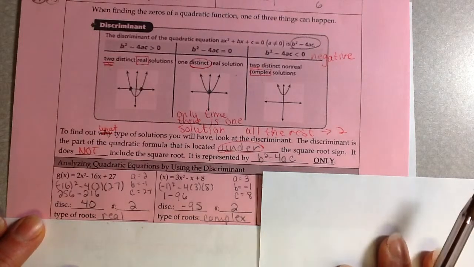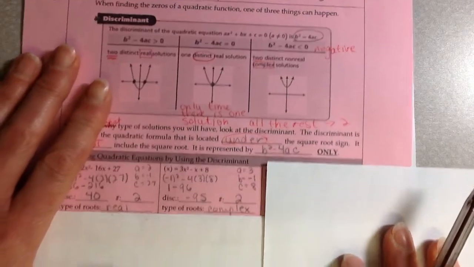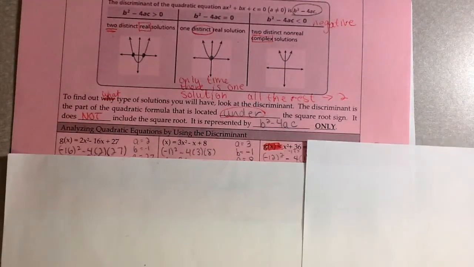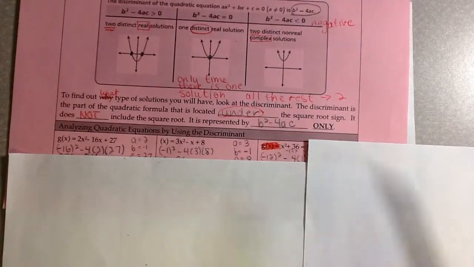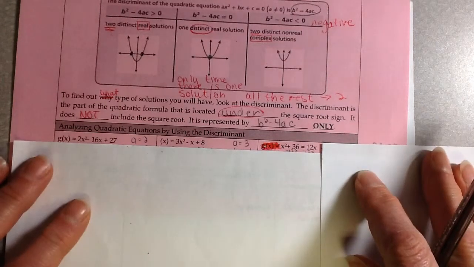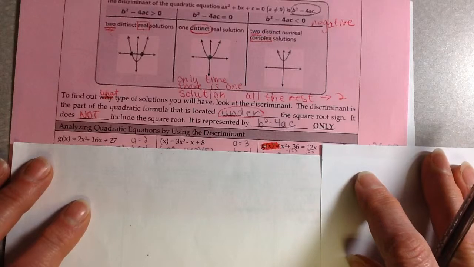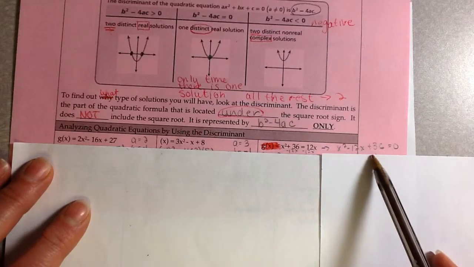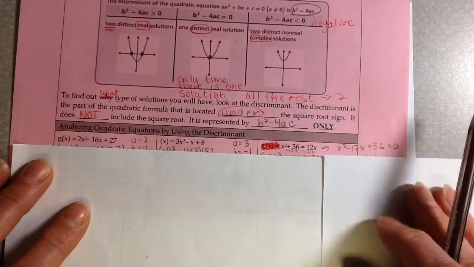The last example wasn't up above, but we just want to talk about why it would be 0. If we have two equal signs there, I want you to write that as an equation. So the first thing that we need to do is subtract 12 from both sides, and that's going to leave us with this equation. And then we're going to identify a, b, and c.